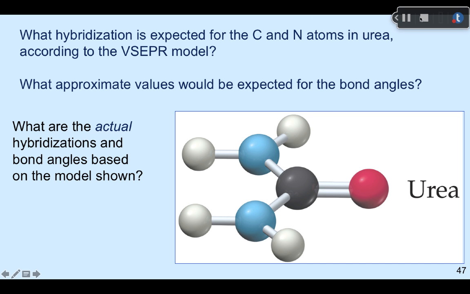Here we have another molecule called urea. Urea has some nitrogens, hydrogens, carbon, and oxygen, and we need to determine what type of hybridization is expected for the carbon atom and nitrogen in urea, according to VSEPR. In order to make sense of this, we need to determine also how many lone pairs are present and necessary for the complete description of what each of these atoms contains. Okay, let's start with oxygen.